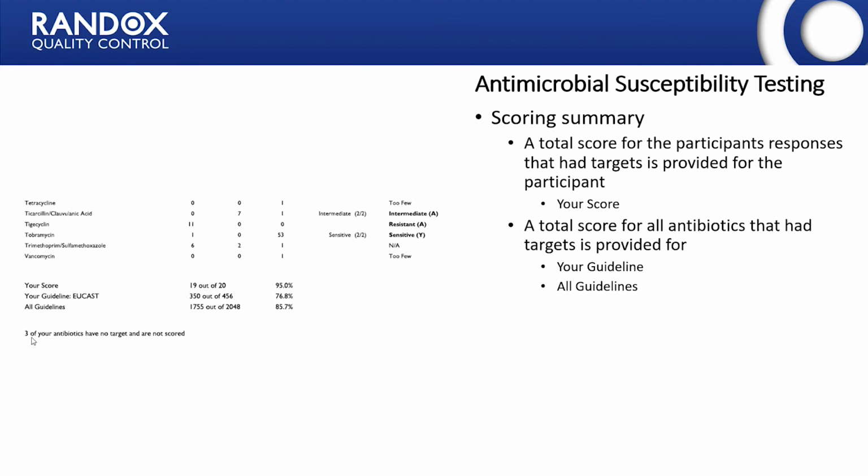We do give a small summary stating that 3 of their antibiotics have no target and are not scored, if that was the case. So there's a summary for all the antibiotics that get reported for that individual participant.